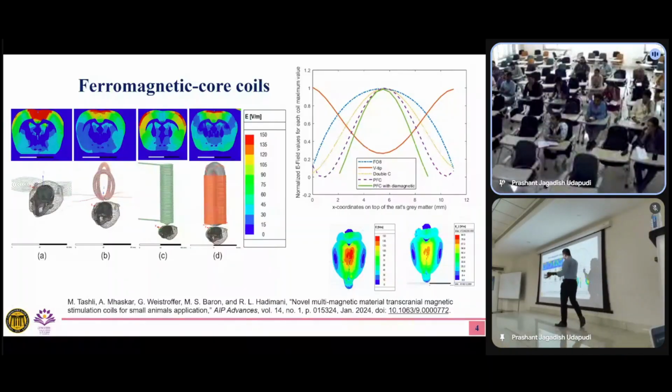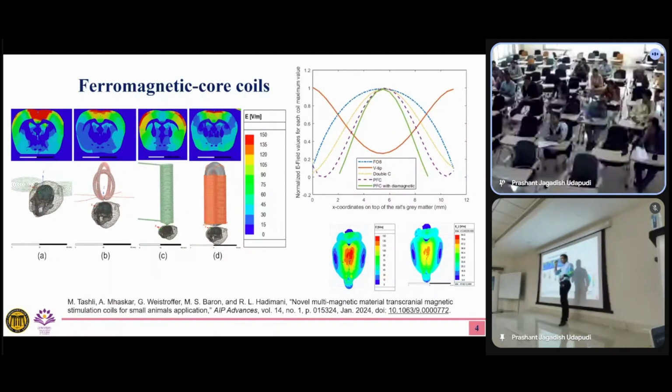So we did a lot of design iterations. There was this one published as well. This is a single core. And then we realized that with a core like this, in a hyperbola with a V shape like this, at this tip you get really focused fields here.